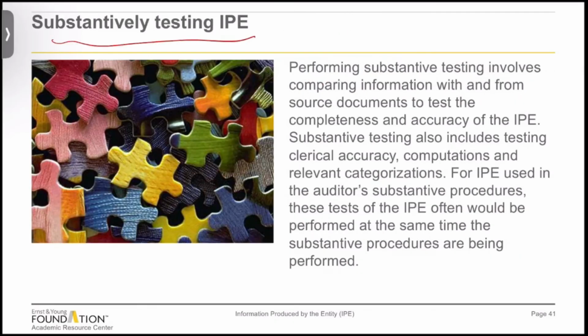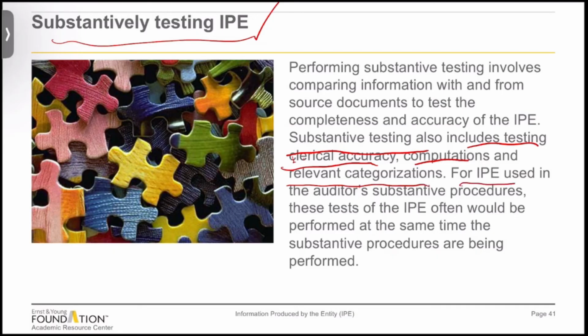Next, how do we do substantive testing of IPE? So performing substantive testing involves comparing information with and from source documents to test the completeness and accuracy of the IPE. So substantive testing also includes testing clerical accuracy, computations, and relevant categorizations.